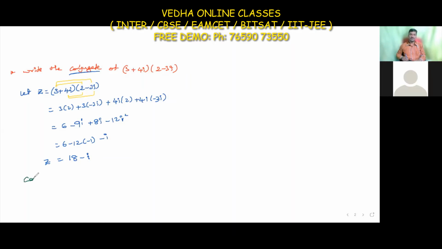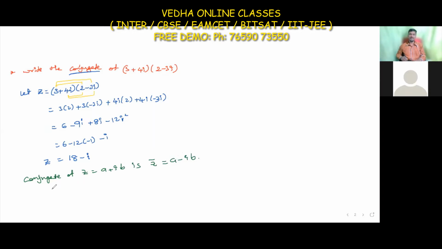Now the conjugate. If z is equal to a plus ib, then z bar is equal to a minus ib. This is a formula. Conjugate is nothing but just changing the sign in the middle.